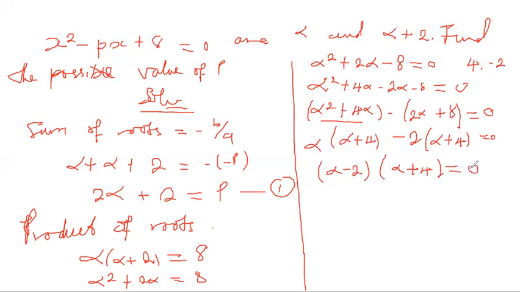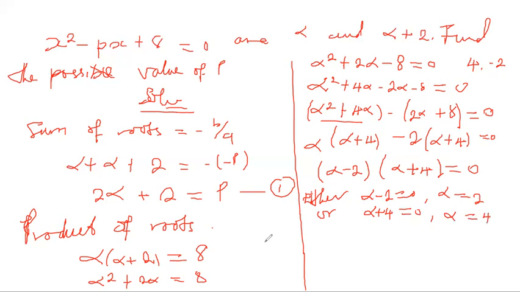This will give us 0. So we say either alpha minus 2 is equal to 0, and alpha here is 2, or alpha plus 4 is equal to 0, and then our alpha is equal to negative 4.